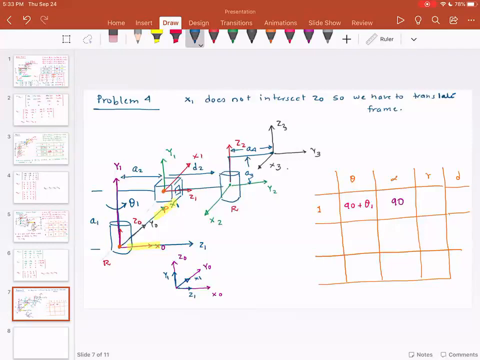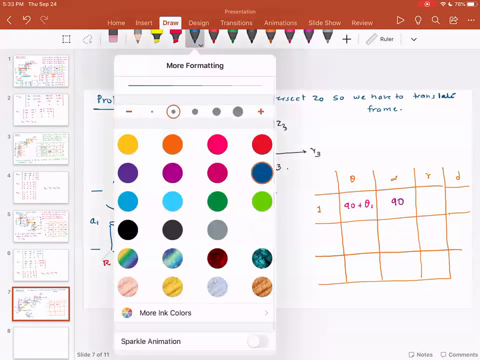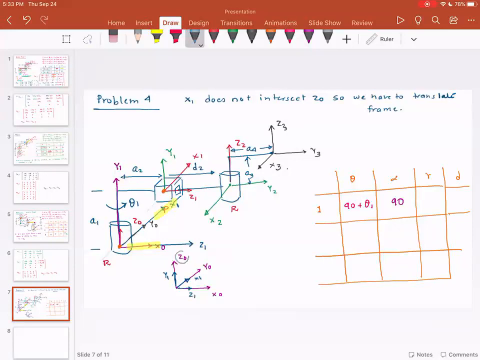So the only way, I need to find the rotation about X1 so that Z0 gets aligned with Z1, and that is a rotation of 90 degrees about X1. Now R are the distances. Since these two frames coincide, this distance is 0, this distance is 0.